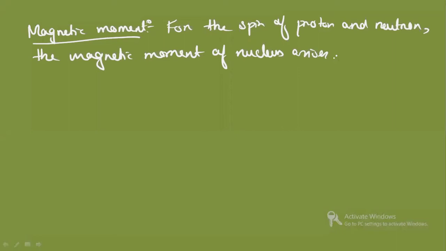Now for a nucleus for which the number of protons and neutrons are both even in its ground state, that is at the lowest energy state, the nuclear spin and the magnetic moment are both always zero.